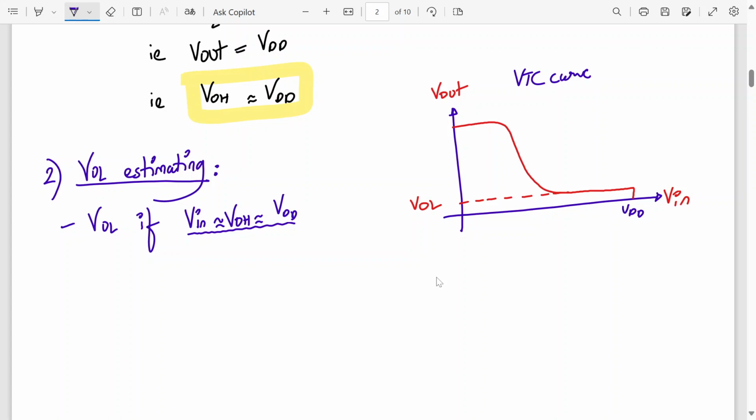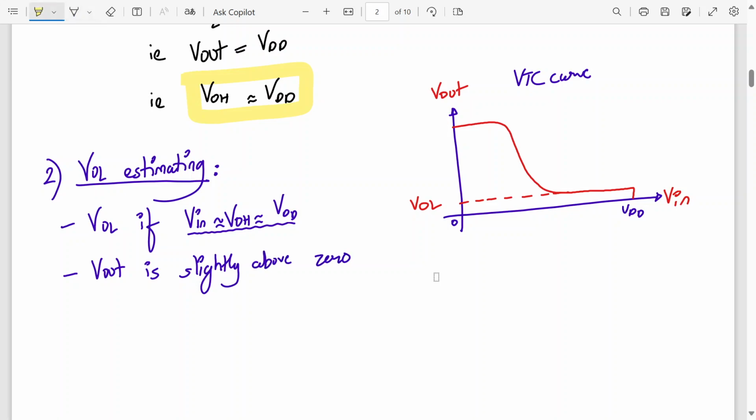The X-axis is V in, right? So here, when V in is very high, my output is very close to 0. So here we can say V out is slightly above 0. Yes or no?